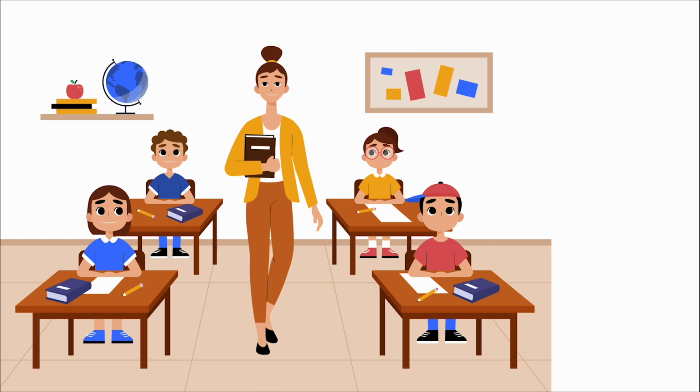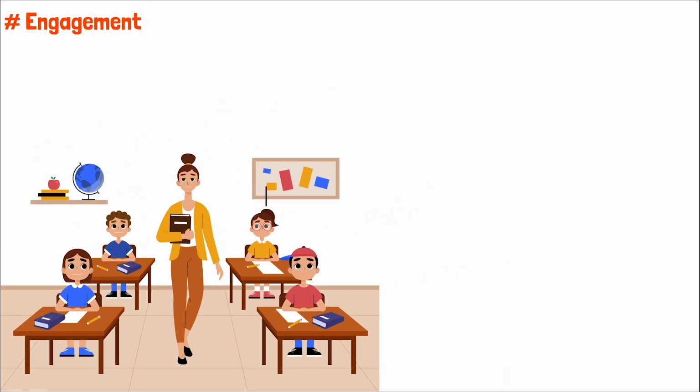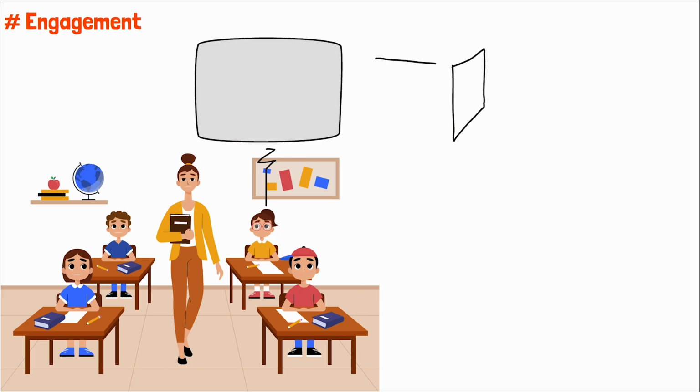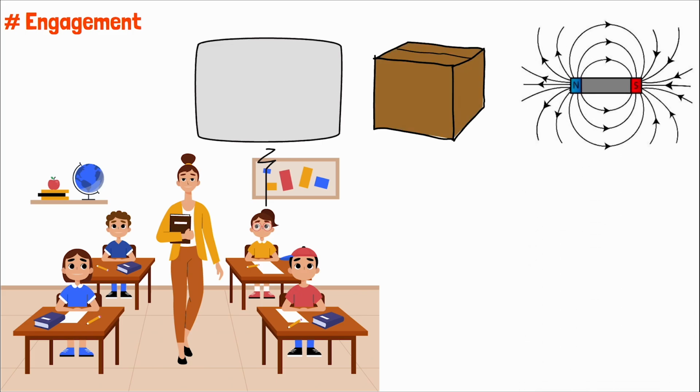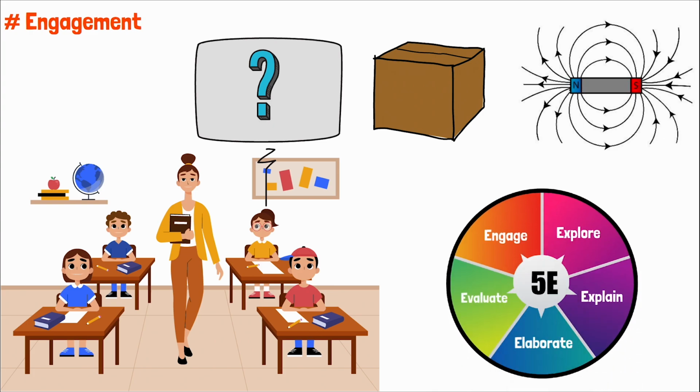In the engagement phase, the teacher introduces a new concept or phenomenon that captures students' attention and stimulates their curiosity. For instance, presenting a mystery object or demonstrating an unusual scientific phenomenon can provoke questions and spark interest. This phase sets the stage for deeper exploration by making students eager to learn more.